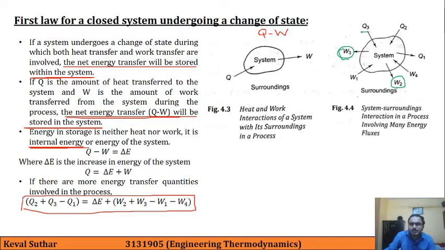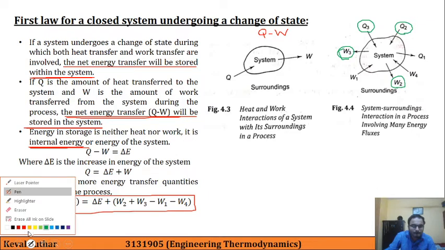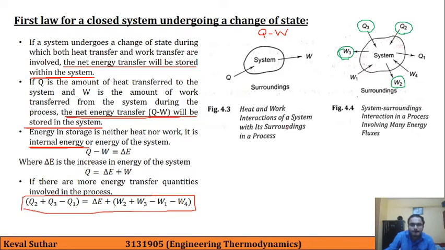Q3 is the heat entering into the system. Similarly, Q2 is also entering into the system. W1 is work done on the system, that's why it is negative. W4 is also work done on the system, that's why it is negative. And Q1 is the heat leaving the system, that's why it is negative.